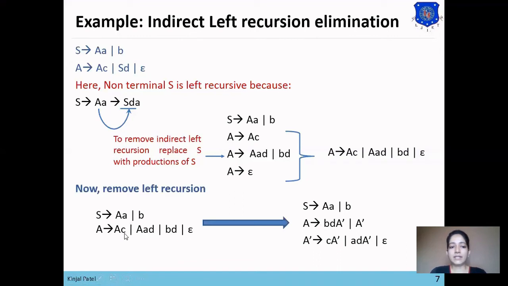So here our alpha is C, so we'll select C, and to cause the recursion of C, we will write A dash, so C A dash, and in the second alternative the remaining part is AD, so we'll select AD and A dash to cause recursion, or null, because the BD and null have been already generated in the first level, so now we'll write null. So in this example we have first removed indirect left recursion from the grammar, then we have removed immediate left recursion from the grammar.